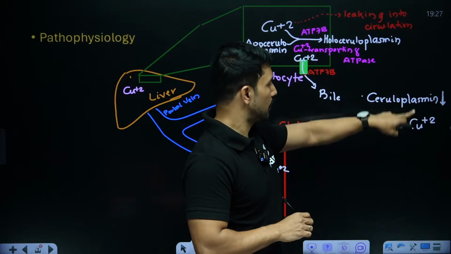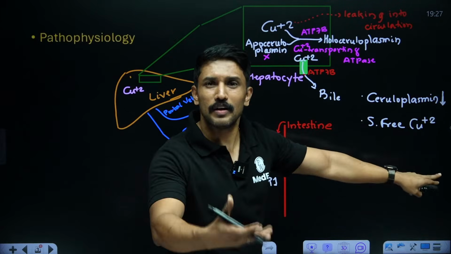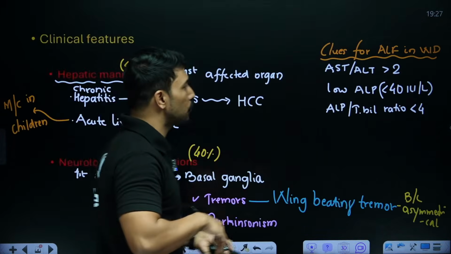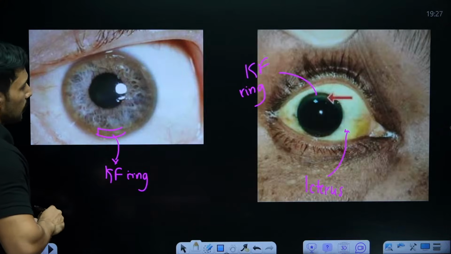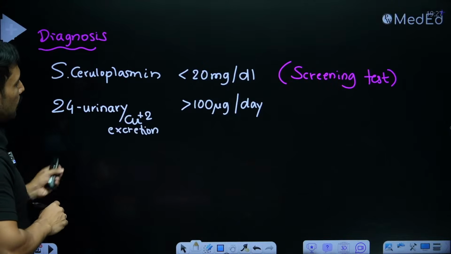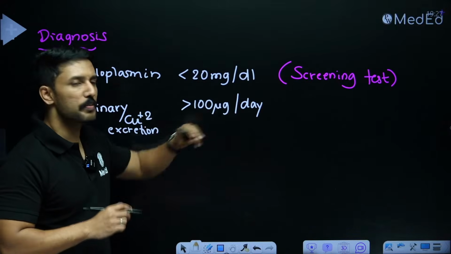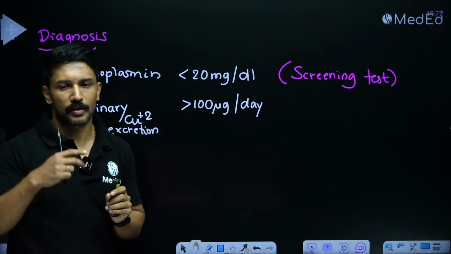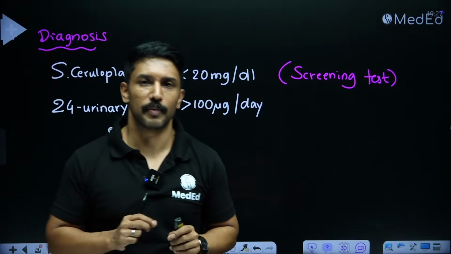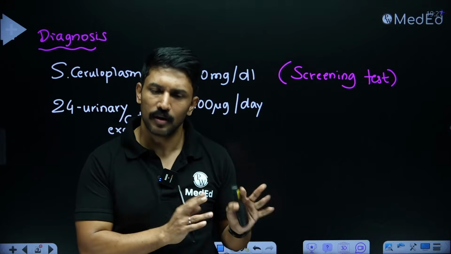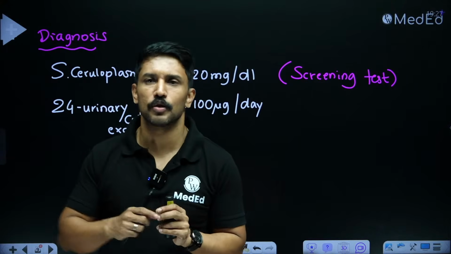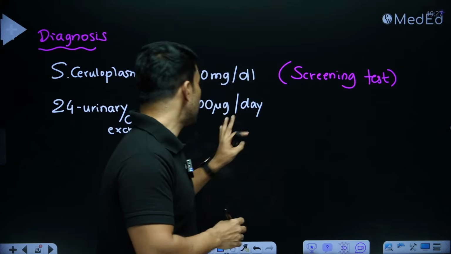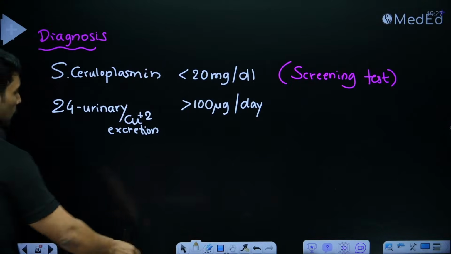So this free serum copper will get filtered and excreted by the urine, and you will have elevated 24-hour free urinary copper. More than 100 micrograms per day is specific, but you need not always have more than 100 micrograms per day. If it is more than 40 micrograms per day, it is already pointing towards Wilson disease. But if it is more than 100 micrograms per day, it is relatively more specific.